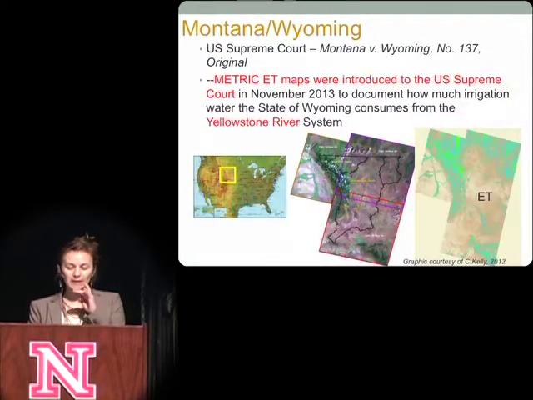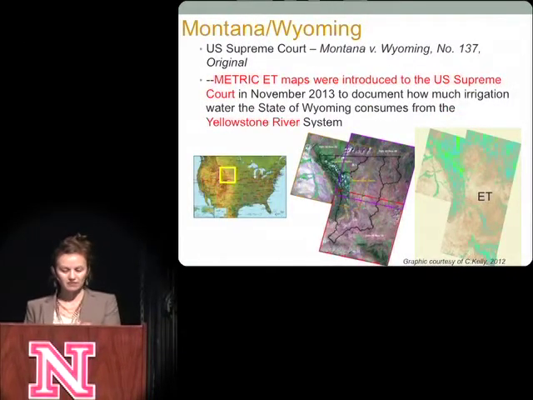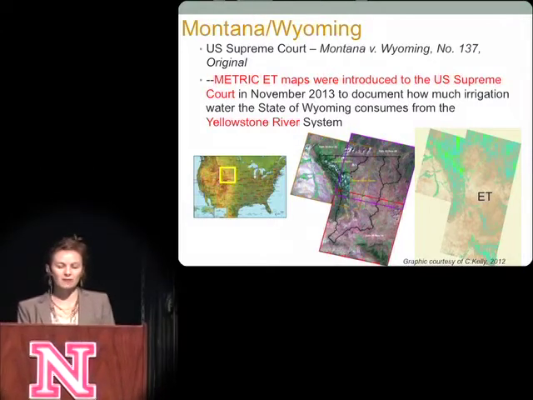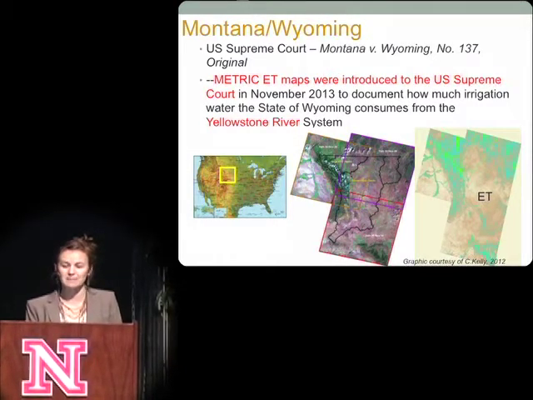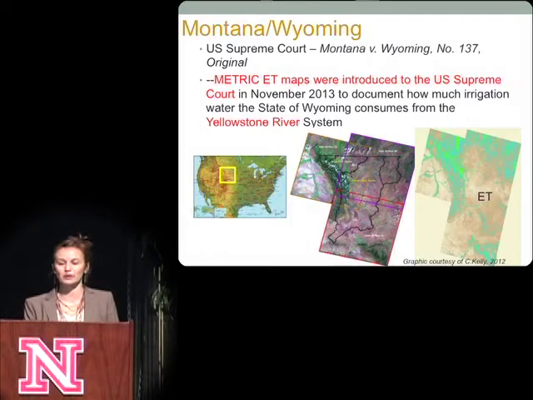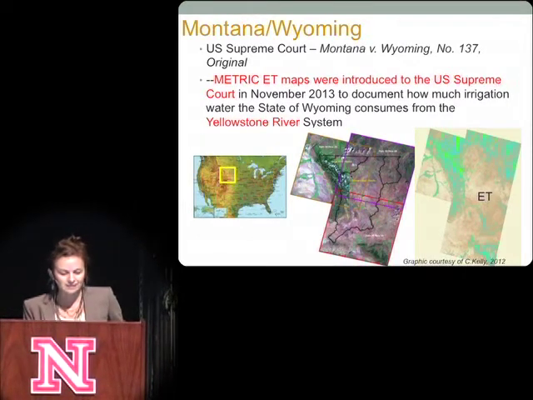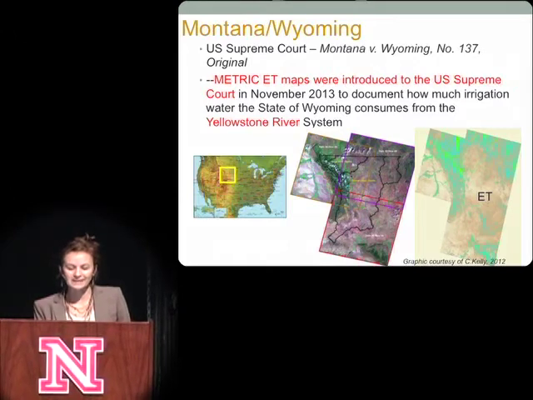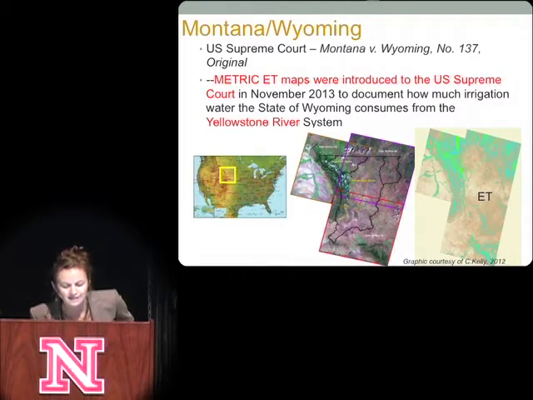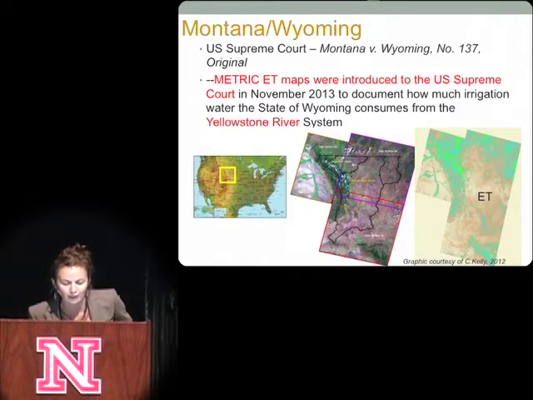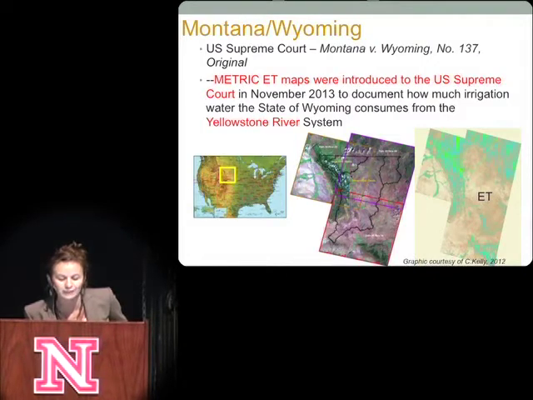All right, Wyoming. This was really great. It was the first time we really used METRIC ET maps, back in November, in the U.S. Supreme Court. This is the Yellowstone River. These are the sub-watersheds. It's hard to read. And the water is going from Wyoming to Montana.